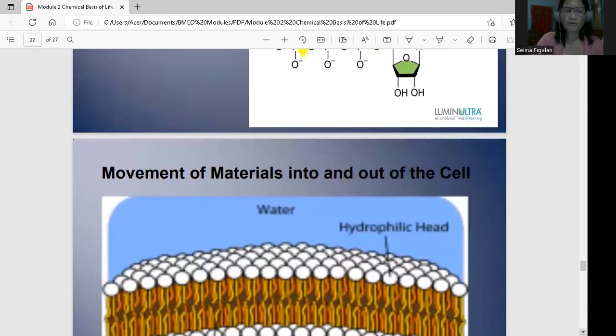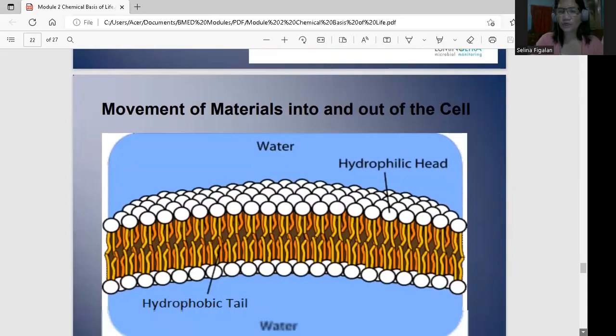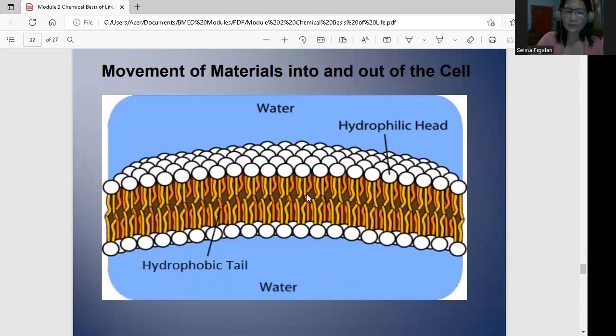Movement of materials into and out of the cell. If you remember, your cell has a cell membrane. Do you remember my lesson before? Your cell membrane is made up of hydrophobic tails and hydrophilic heads.